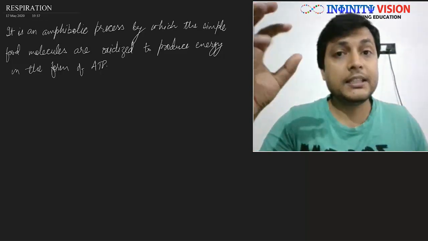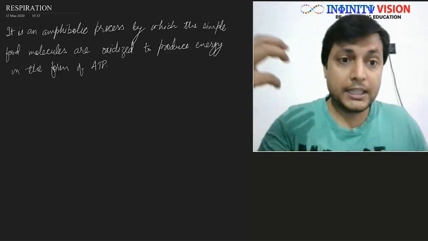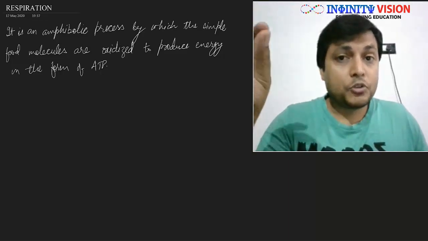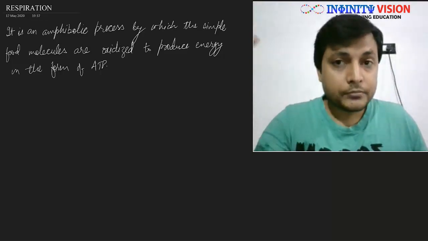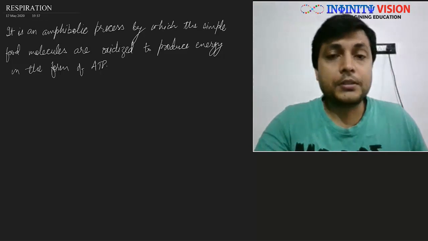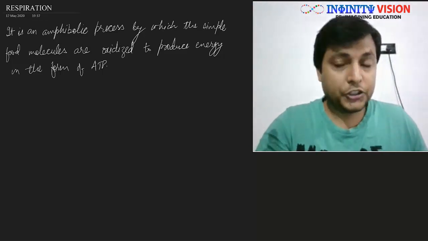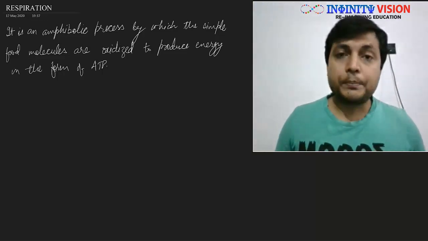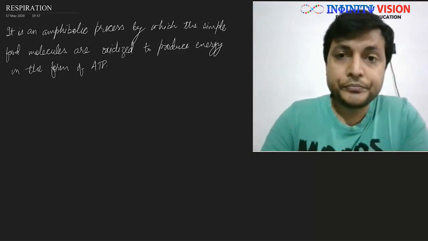Then these simple compounds are absorbed into our body with the help of microvilli in the small intestine, and these absorbed simple molecules are used for either producing energy or for raw materials. That was the part of assimilation. So the whole process of nutrition provides you these simple compounds, right?